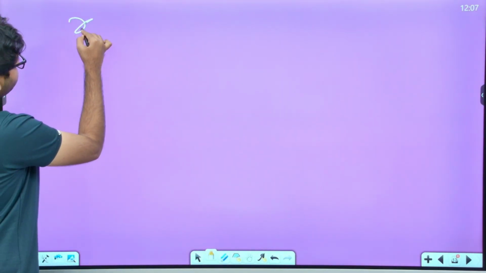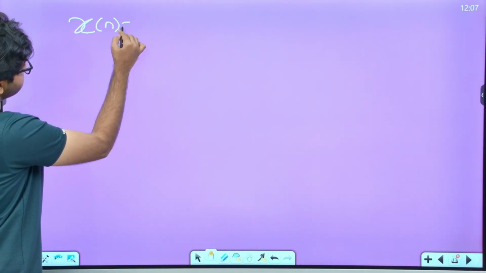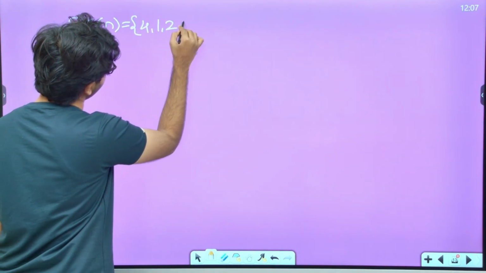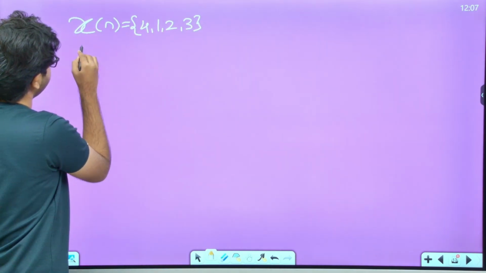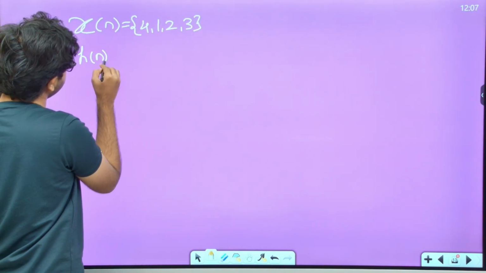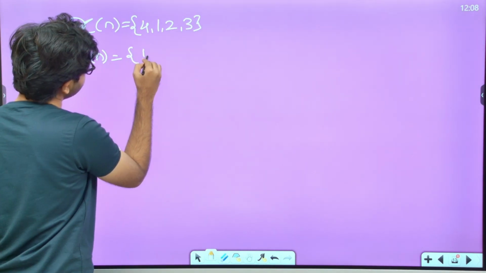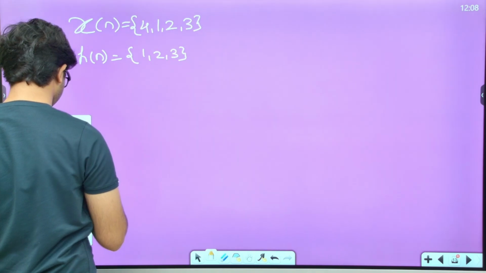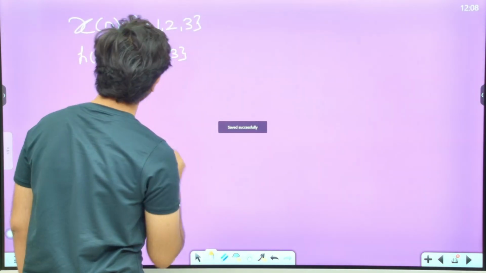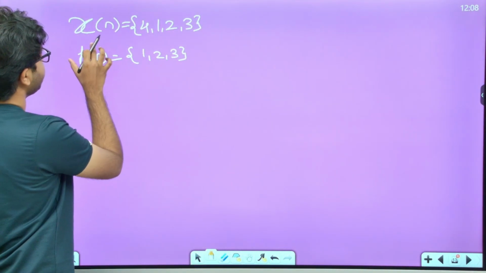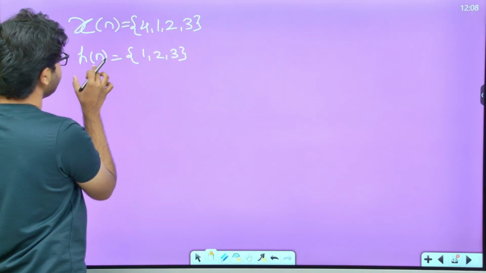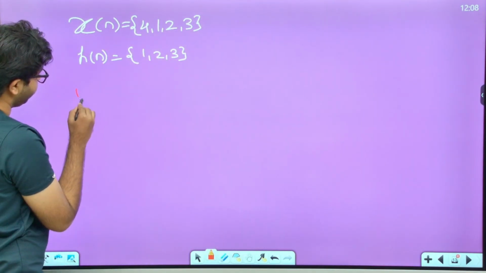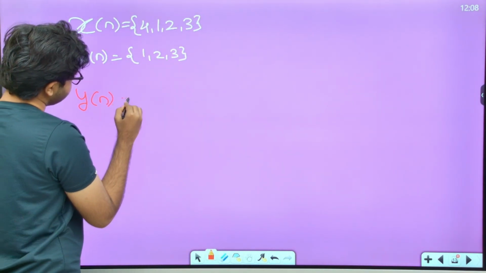I will have two sequences: x of n is equal to 4, 1, 2, 3, and h of n is equal to 1, 2, 3. The output y of n is the convolution.